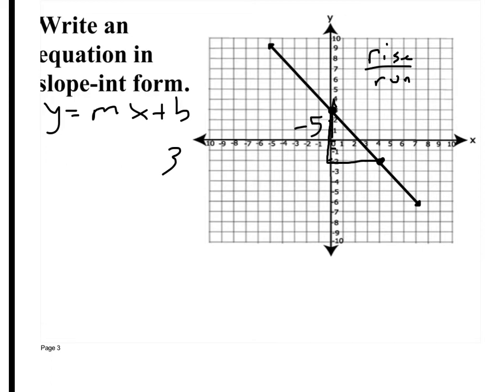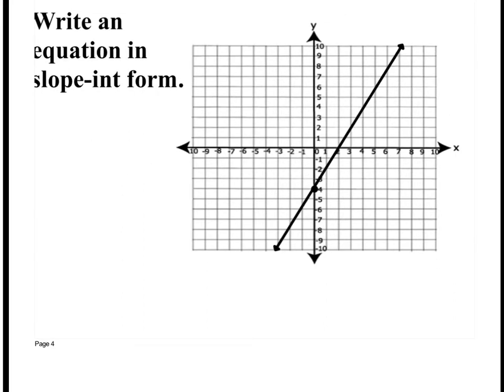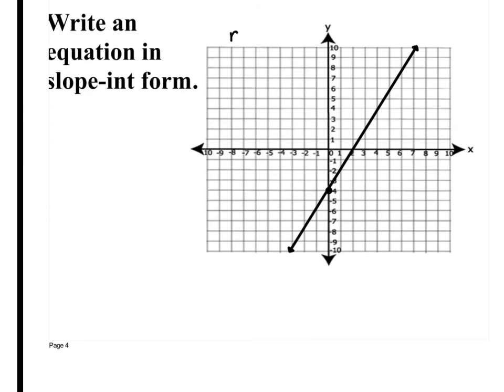Started at 0 and ended at 4. So my slope is -5/4. So now I plug that into this. Y equals -5/4 x plus 3.